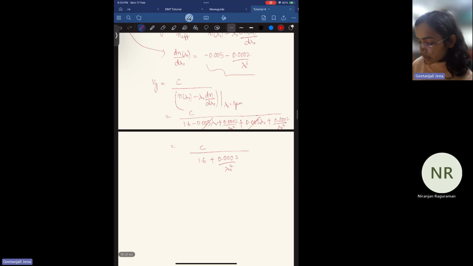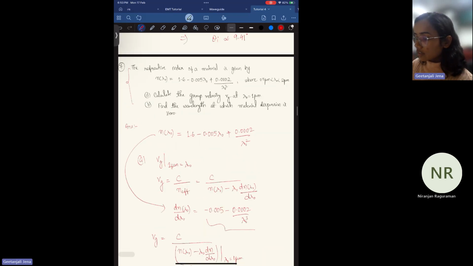If you calculate it, it will come around 0.624 C. Lambda 0 is 1 here. So this will give Vg is this.